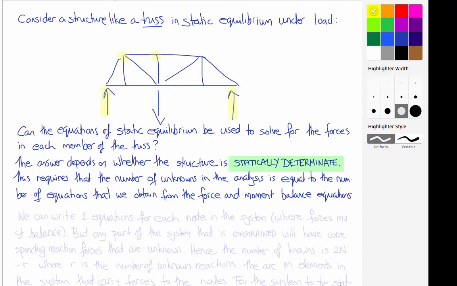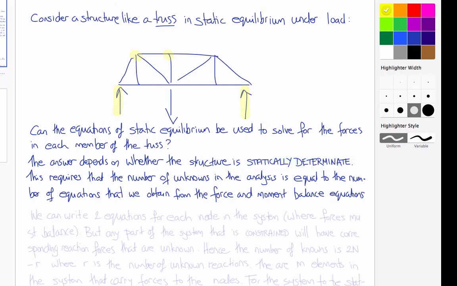Now, in the case of the pin-jointed truss, these pins can't transmit any moments, so there are no moments. So for each node, for each pin in this structure, we have two equations, being the two force balance equations. We can therefore write two equations for each of the nodes in the system.